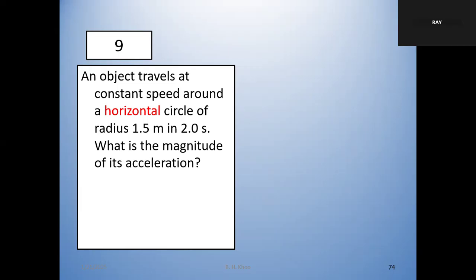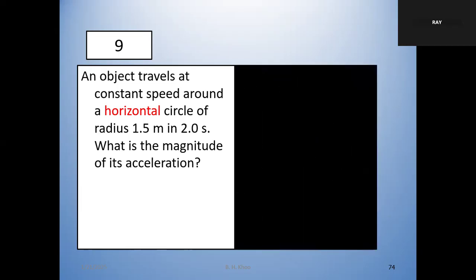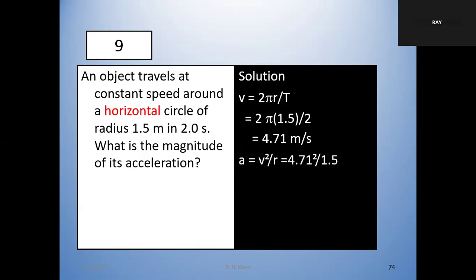You are given the period, you are given the radius. Find the speed. Speed is distance over time, so 2 pi radius over period. Put in your values and calculate. Then a is v squared over r, put in your values and calculate.